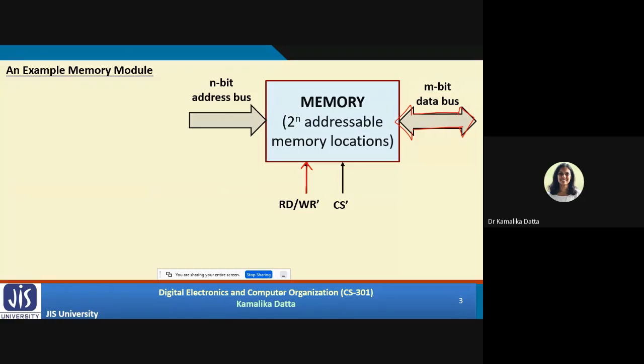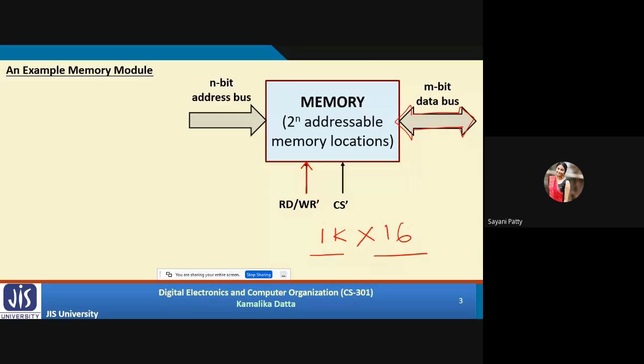Now tell me, if I tell you your memory is 1K cross 16, can you tell me how many data lines and how many address lines are required? How many bits are required for the address bus and how many bits for the data bus? Ma'am, 14.